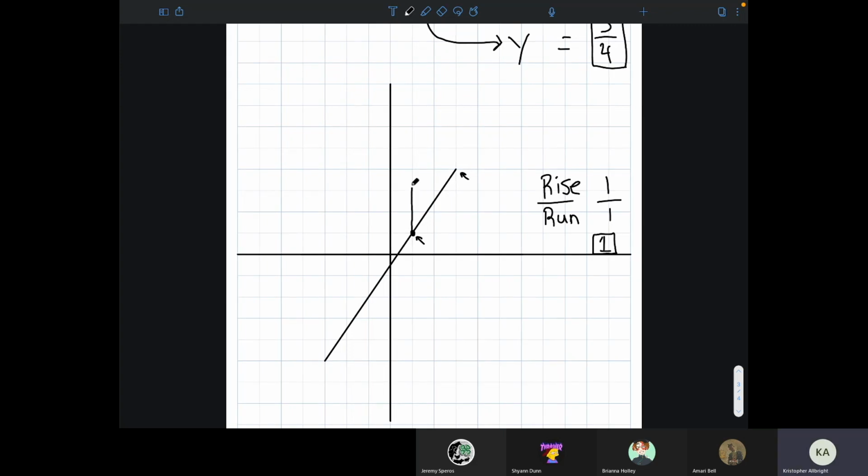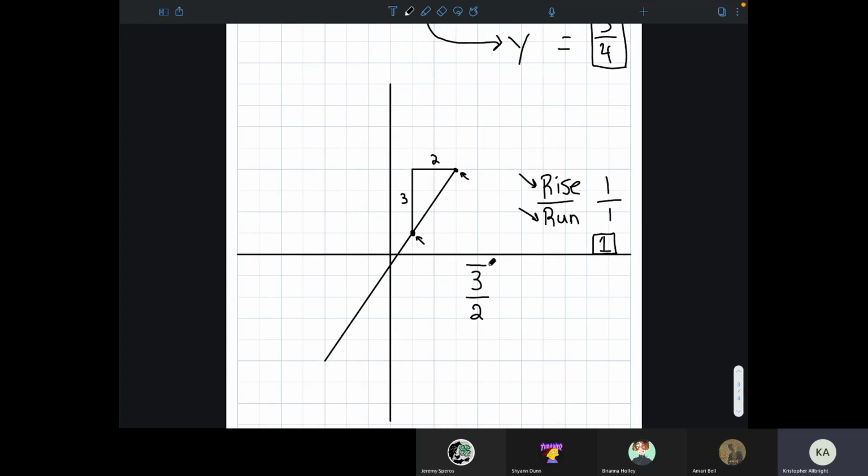So I'm going to go up. And I rose, it looks like 3 points. And then we go over. We say, okay, here's another point. And we went over 2. So now we're looking for rise and then run. So we went up 3 and then right 2.